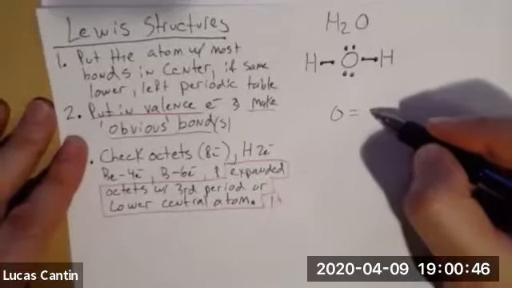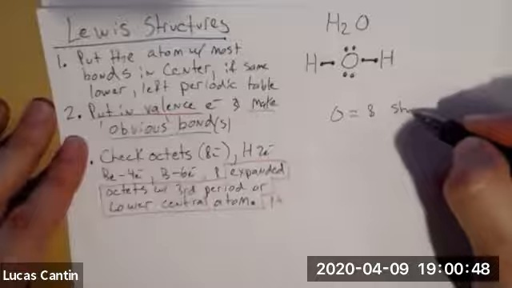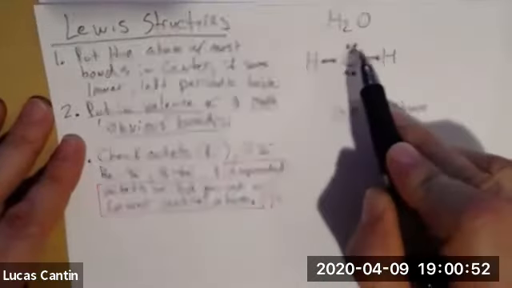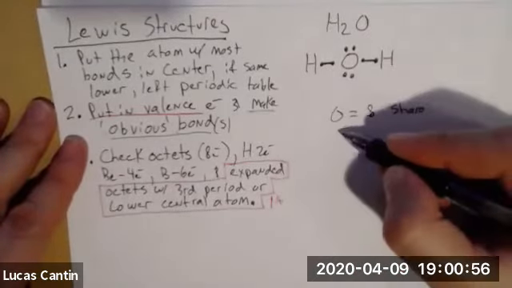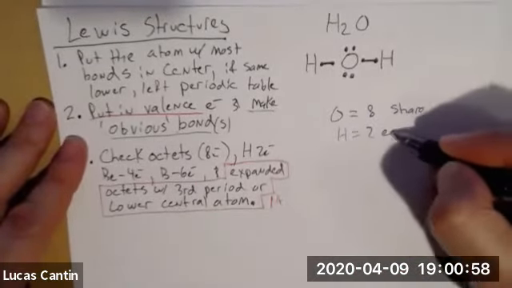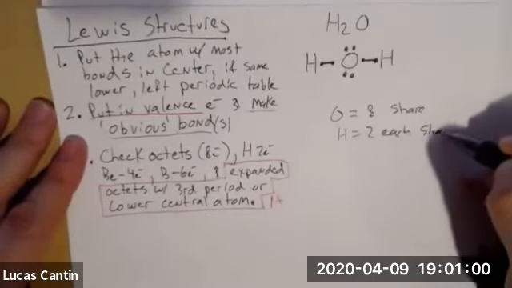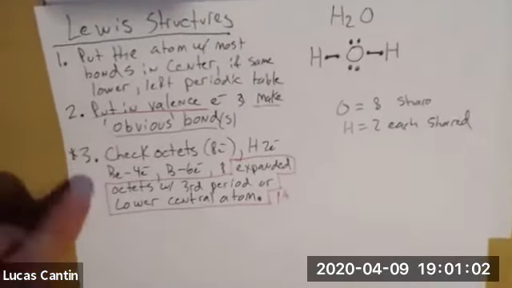Yeah, it has 8. Oxygen has 8 by sharing. It's sharing 2 with that one and 2 with that one. So that's 4. And then it has 4 by itself, 8 shared. And hydrogens have 2 each shared. That's a key rule.